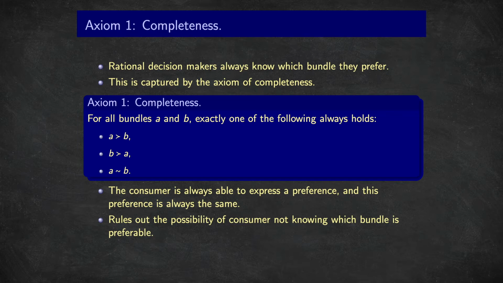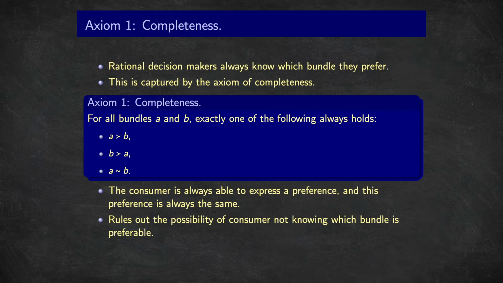Axiom 1, completeness, says for all bundles A and B, exactly one of the following always holds. The consumer strictly prefers A to B, or the consumer strictly prefers B to A, or the consumer is indifferent between the bundle A and the bundle B. Now notice that the axiom is saying that these are mutually exclusive.